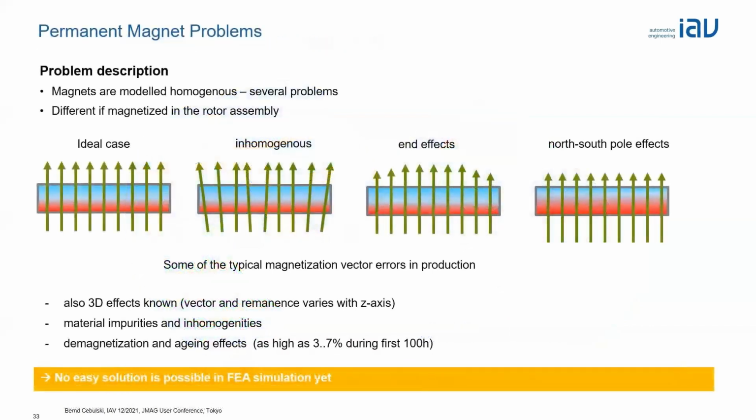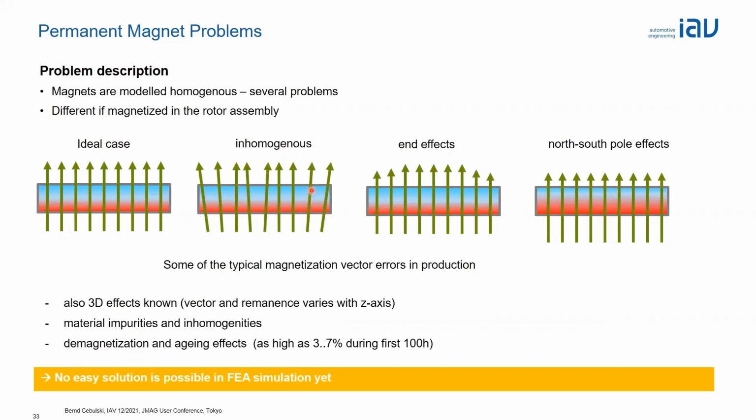On the other hand, there are several inaccuracies in the magnet itself. So the ideal case that you normally apply to simulation is the left part. However, the reality is not like this. In reality, you get magnets with a lot of errors in the magnetization, like shown here. The inhomogeneous stuff can be caused by different material problems.